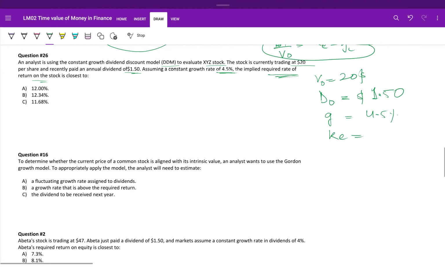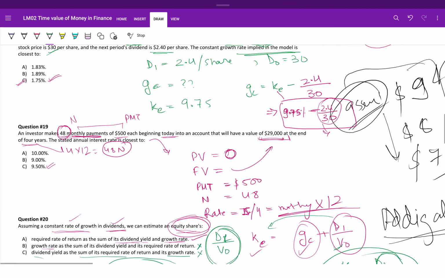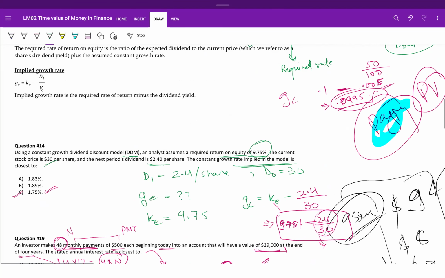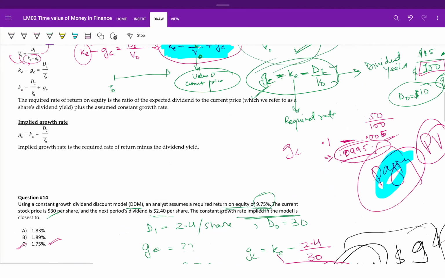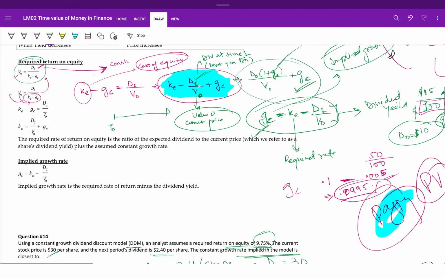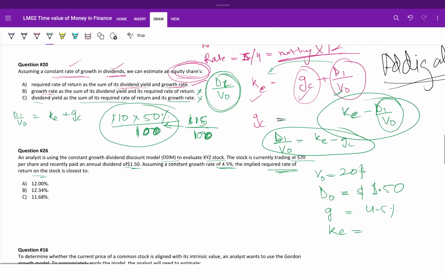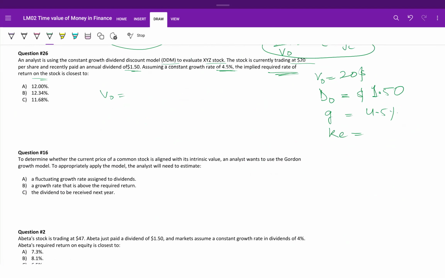So again, we will go to the formula. Understand the formula: V0 is D1 divided by KE minus GC. Dividend at time 0 is 1.5, growing at a rate of 4.5%, so 1 plus 4.5%. Since I'm saying percent, don't forget to divide it by 100.